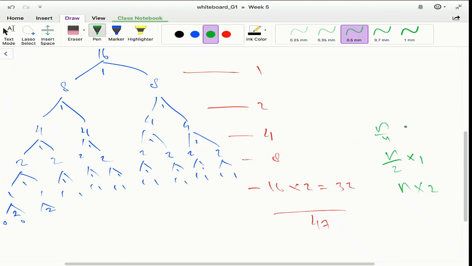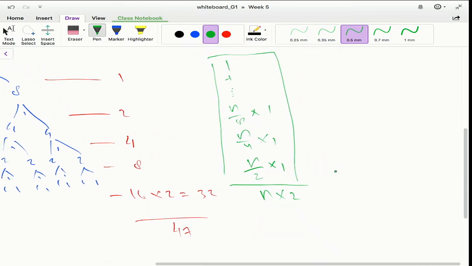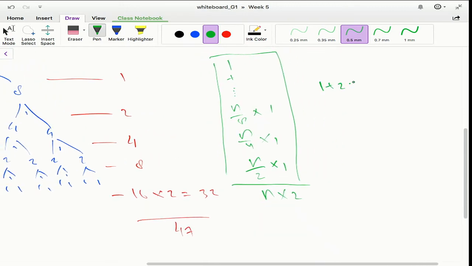And assuming they're even, it's going to be 1. N over 8, all the way until we get to 1. There is always a place where we get to 1. So then we just look at this one alone. It will be 1 plus 2 plus 4 plus 8 all the way to n over 2. This is equal to n minus 1.